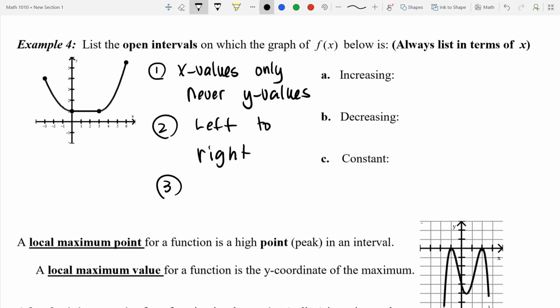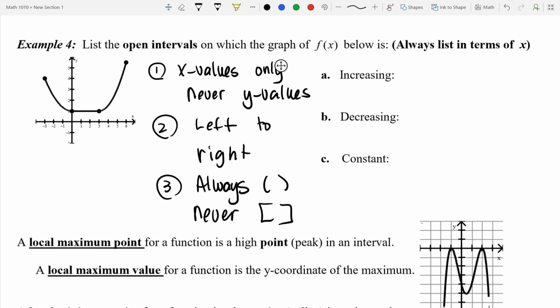And the third thing you have to remember is that you always use parentheses and you never use brackets. Make sure you remember that. When you go through your notes to review for the quiz, you're going to read this and remember, and it's going to help you do well on the quiz.